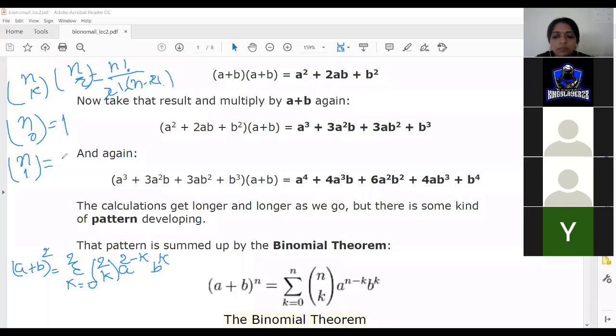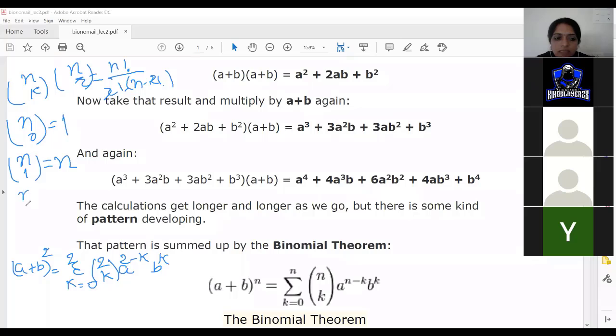Harshal, answer of nC1? n. Very good, n. Students, when this term is 1, our answer is the upper term. nC1 is n, 2C1 is 2, 3C1 is 3, 10C1 is 10, right?